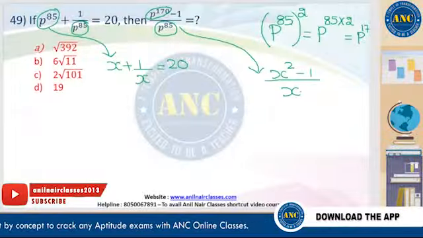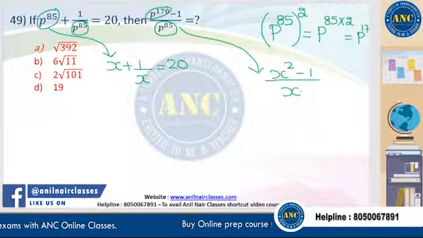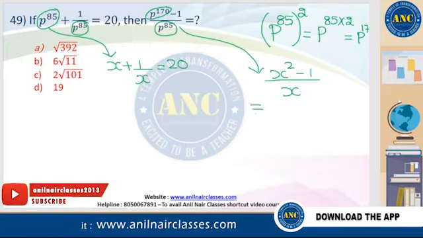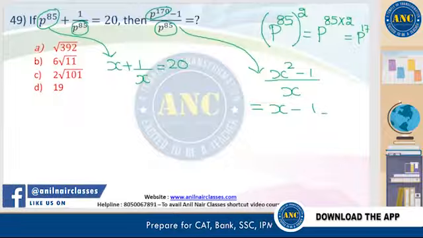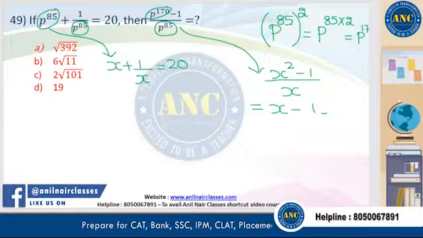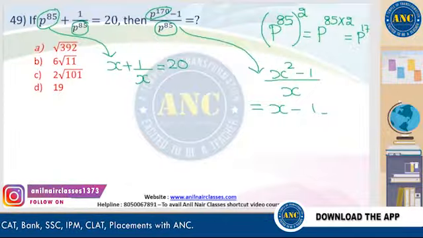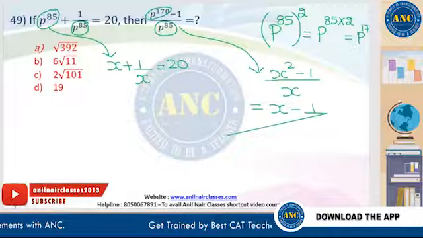Or in simple language, I can further simplify that: x square by x is x, so it is x minus 1 by x. Is it not easy, sir? You know the value of x plus 1 by x as 20. Indirectly they are asking you to find the value of x minus 1 by x. It is the easiest thing.